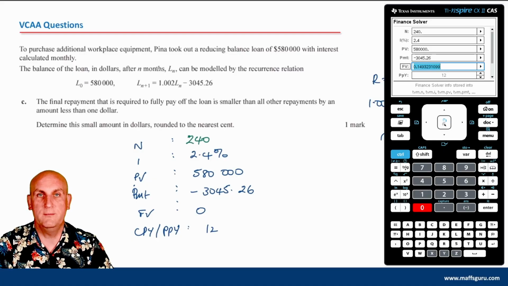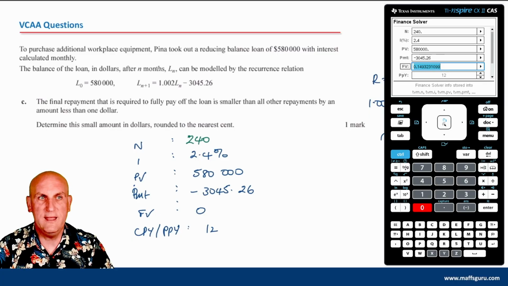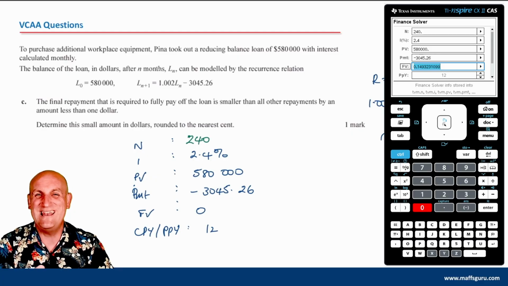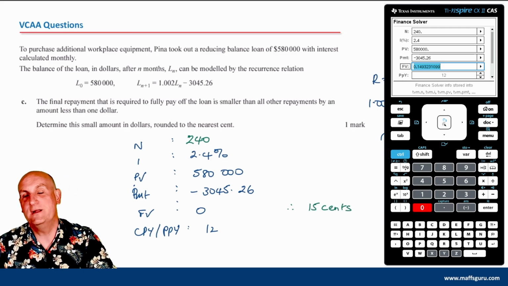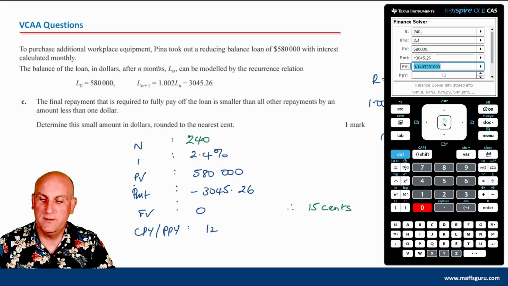Oh, hold on a moment, 15 cents. And it's positive. That means I would actually need to pay 15 cents less in my final payment. And so therefore, my answer would be 15 cents, because that is basically how much less I would need to pay, as the question is asking.